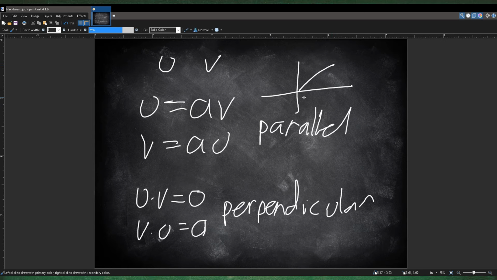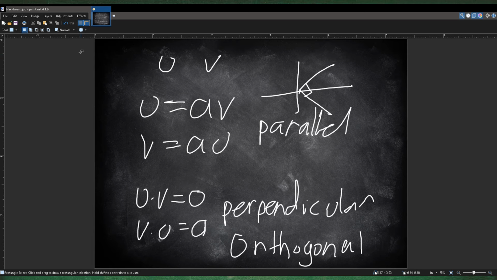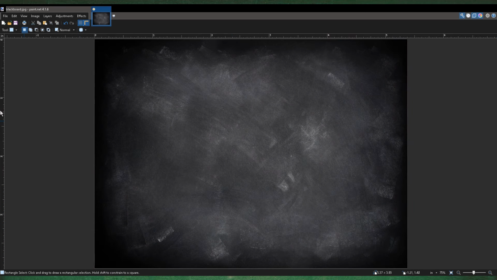So you have something like this, and you have another vector, and if their dot product is 0, then it's going to be 90 degrees, because they're perpendicular to each other. This is also referred to as orthogonal. So they're perpendicular to each other.